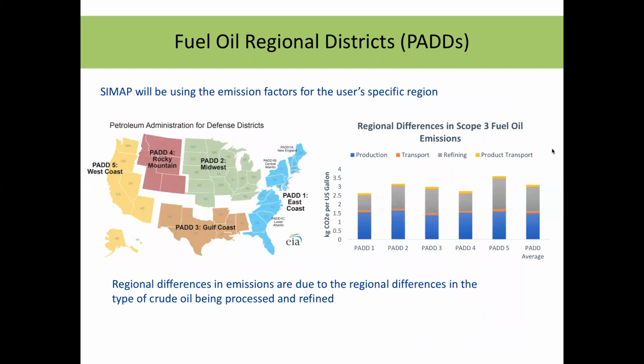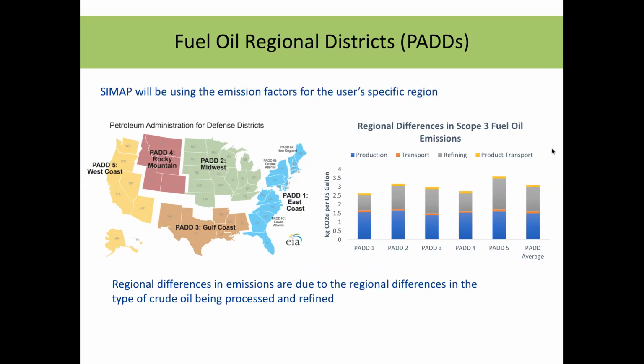So this is because the US is broken up into Petroleum Administration for Defense districts, or PADs. And these 5 regions are used to track the production and consumption of petroleum products within the US. There are significant regional differences in the emission factors of fuel oil because of the types of crude oils that are produced and refined in the specific regions.